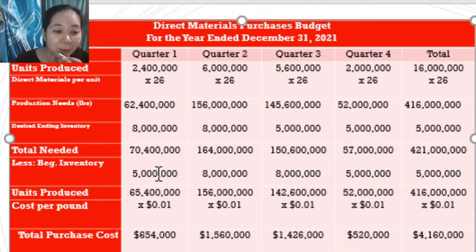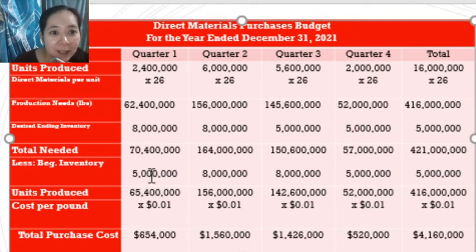Our ending inventory in the fourth quarter of 2020 is 5 million, so we just forward it to the first quarter of 2021, where it becomes our beginning inventory. That's why it's 5 million.